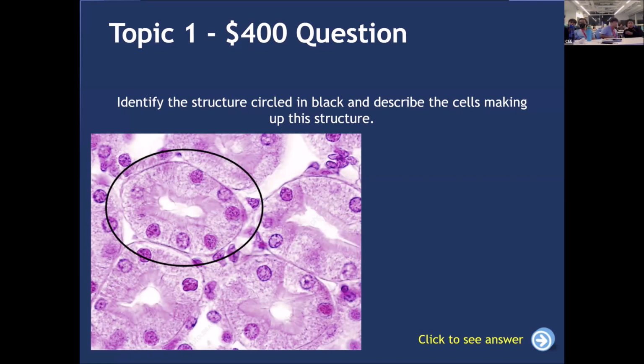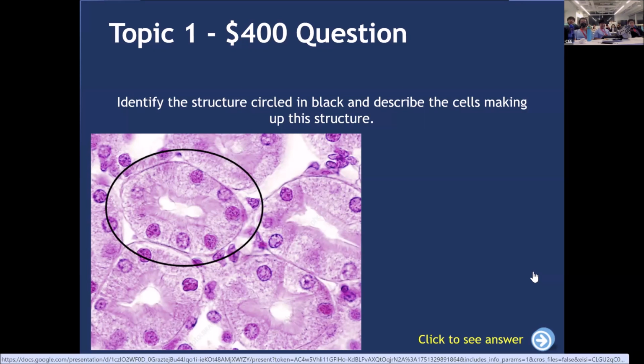Five, 4, 3. All right, final answer. 10 seconds. 6, 5, 4, 3, 2, 1. Mammary gland. Can we try the question? Can we steal for half? I don't remember how Jeopardy works.